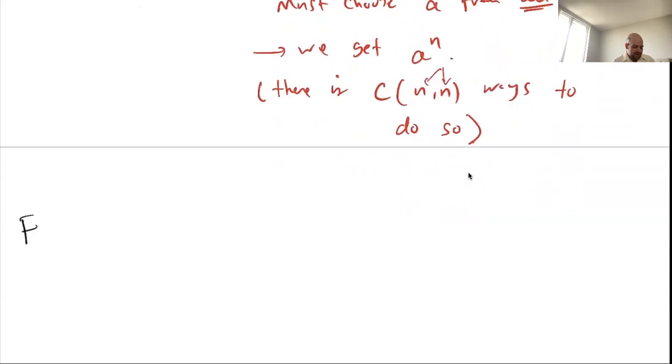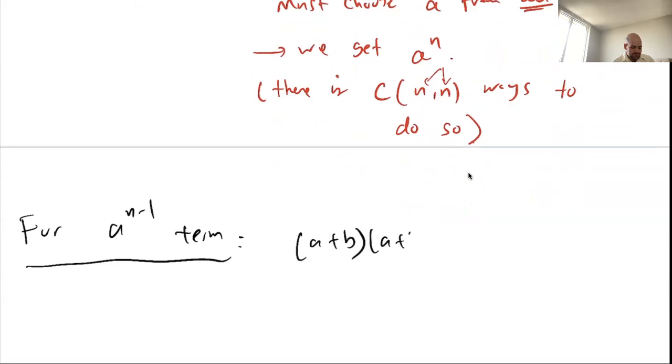For the a to power n minus 1 term, let's again look at the expression (a plus b) times (a plus b) times (a plus b). How many brackets do I need to choose a from? I have to choose a from n minus 1 brackets this time.